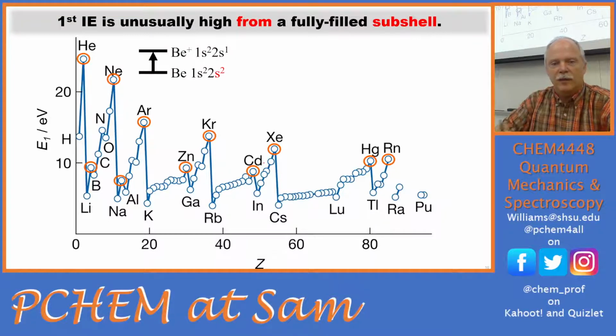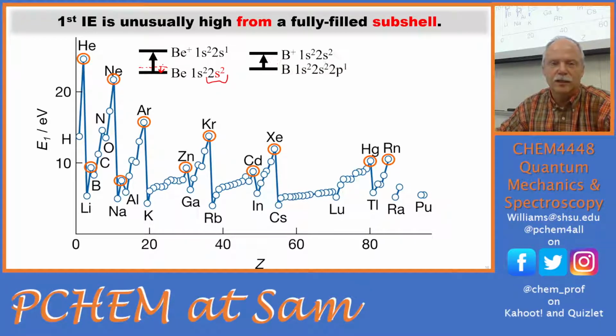So that beryllium has a stable fully filled subshell, an s2. And so again, if the neutral is stable, we've made this difference, this big black arrow, a lot longer than we would expect, because the neutral was stabilized. Whereas boron, it's one electron past a filled subshell. So if we can get rid of that electron, we have this beautiful filled subshell. And so there the cation has been stabilized.